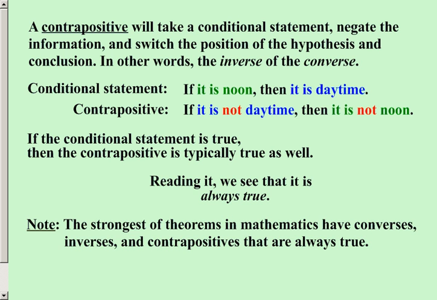Now here's the thing about these negations. When we work with our strongest theorems, such as the Pythagorean theorem, what we're going to discover is that the theorem is true. Obviously, it's not a good rule if it doesn't actually hold true, but additionally, the converses and inverses and contrapositives of these rules are also true, and that is a powerful tool in mathematics that allows us to take one rule and use it 4 different ways in order to accomplish 4 different things.